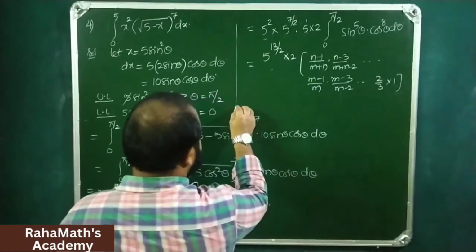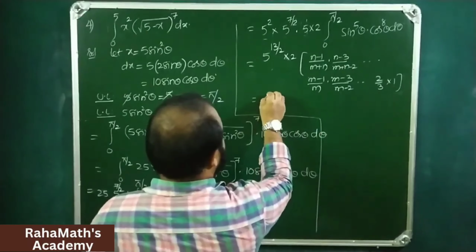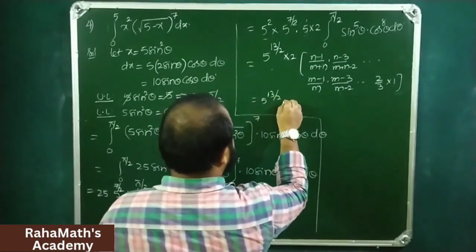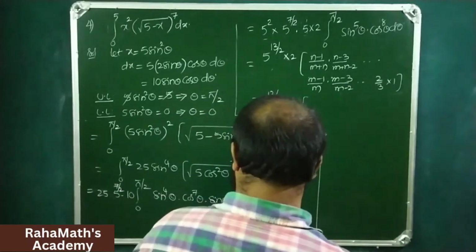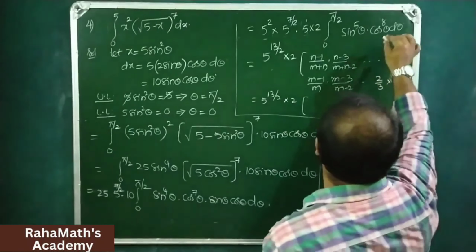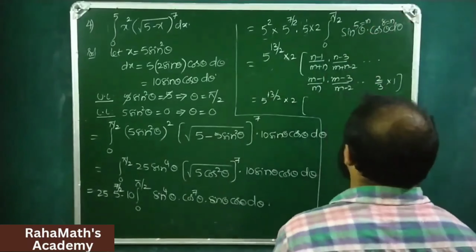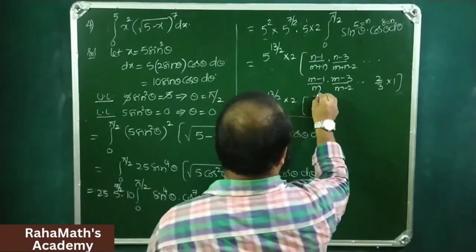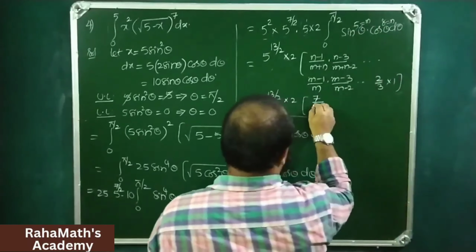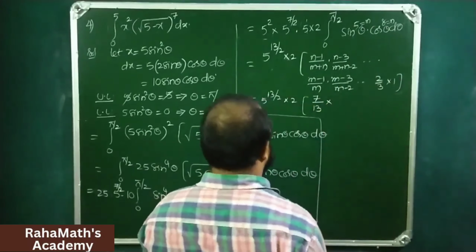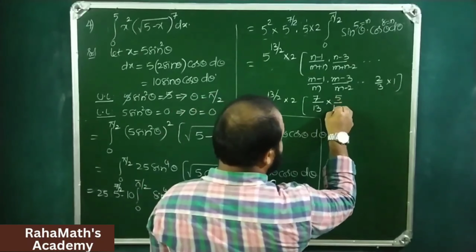This is equals to 5 power 13 by 2 into 2, n minus 1. The n value is, this is n and this is m. n minus 1, 8 minus 1 is 7, by 8 plus 5 is 13. So reduce by 2, 5 by 11.